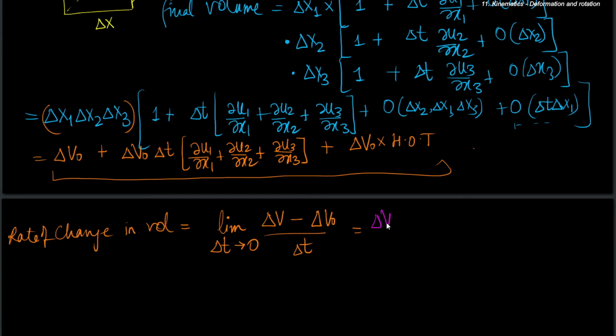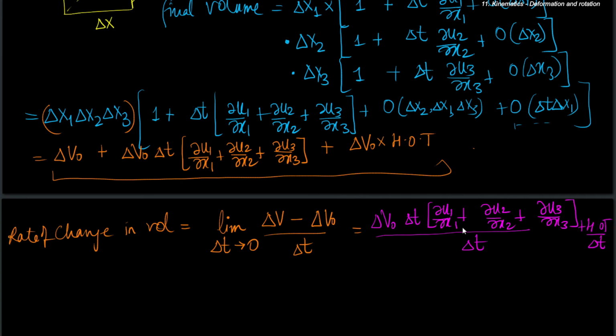It will be delta v0 delta t times del u1 del x1 plus del u2 del x2 plus del u3 del x3 upon delta t, and of course the higher order terms are there. This delta t cancels out, and so this is d delta v by dt, and if I take this delta v on the left hand side, I obtain this.